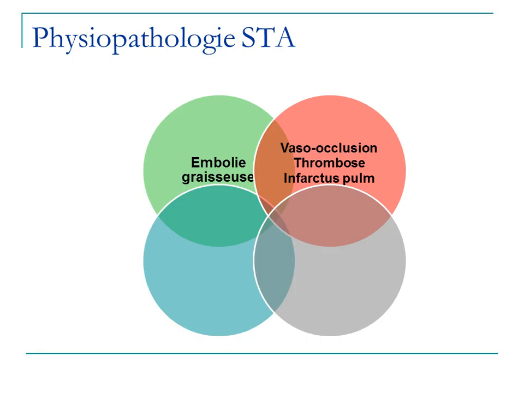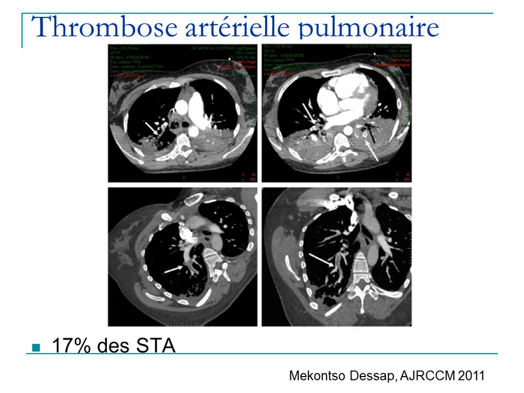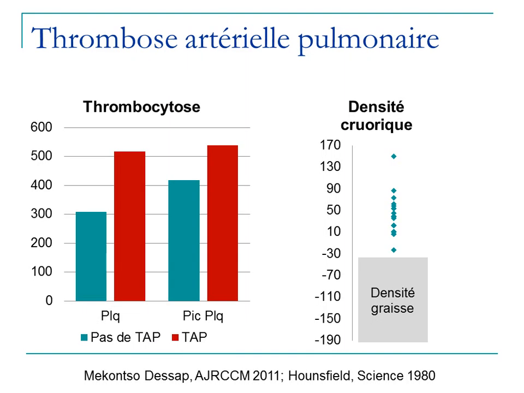And then there's a second protagonist that's been evidenced more recently, which is the thrombosis, the pulmonary arterial thrombosis. Here it was shown that 17% of ACS patients have a thrombus in a major pulmonary artery, associated to an increase in platelets, particularly in people that have platelet rates higher than the ones that have no thrombosis, and peaks are higher as well.